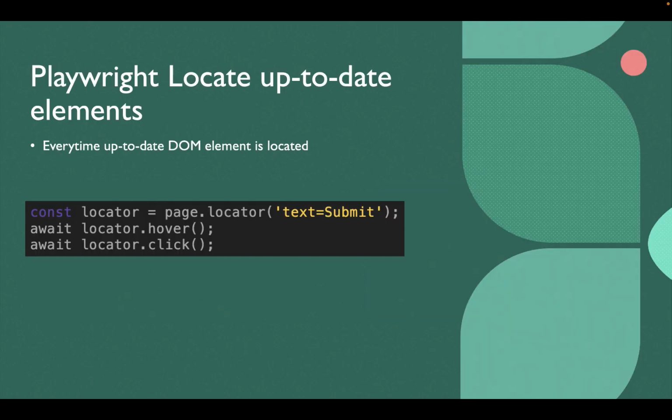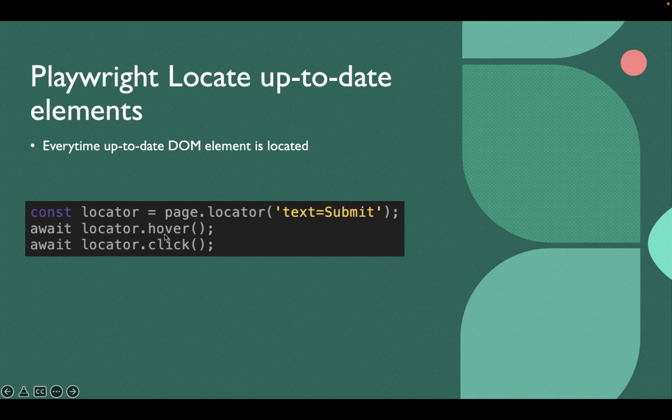Now the last one is that Playwright locates up-to-date elements. Every time a locator is used to perform some action, an up-to-date DOM element is located on the page. So in this code, the element will be located twice.